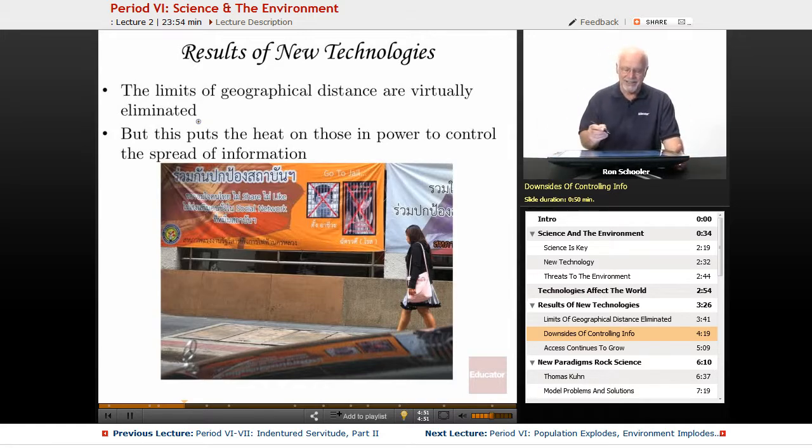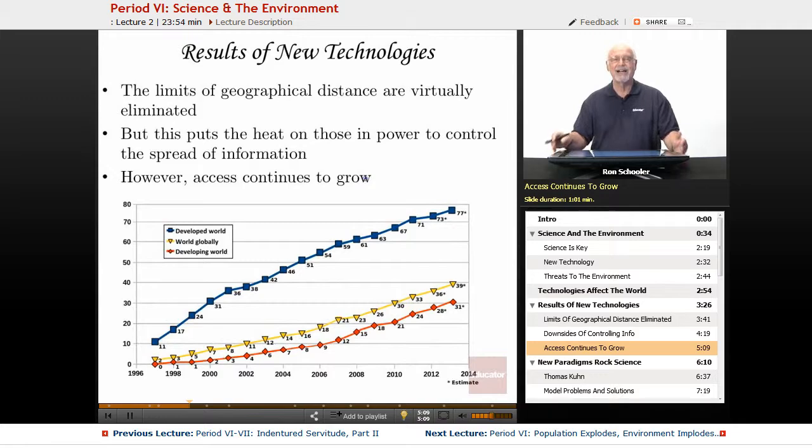So look at this sign. It says, if you go on Facebook and you share or like criticism of the government, you're going to go to jail. I don't know how well that worked, but you can see how the spread of information and the ability to do so also creates others who want to keep that from happening.